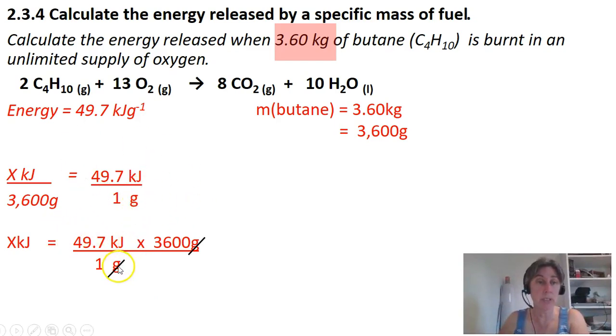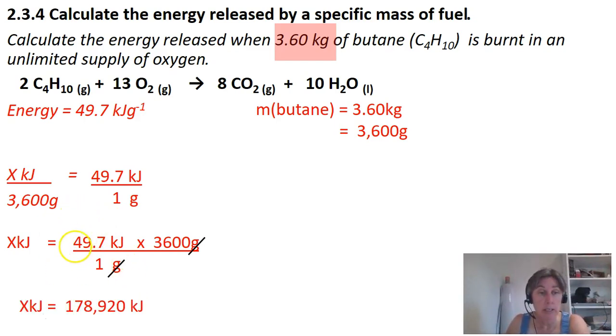If you put the units in, you can't go wrong. When you take this, it's divided on that side, you take it over the other side, put it on the top when it's on the bottom, and the units will just cancel out and you see you're left with kilojoules. So really it's so much easier just to use ratios. When you multiply it, you get 178,920 kilojoules.